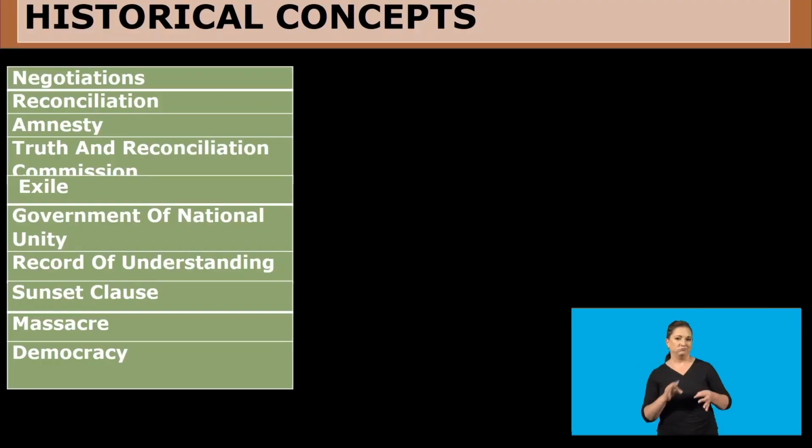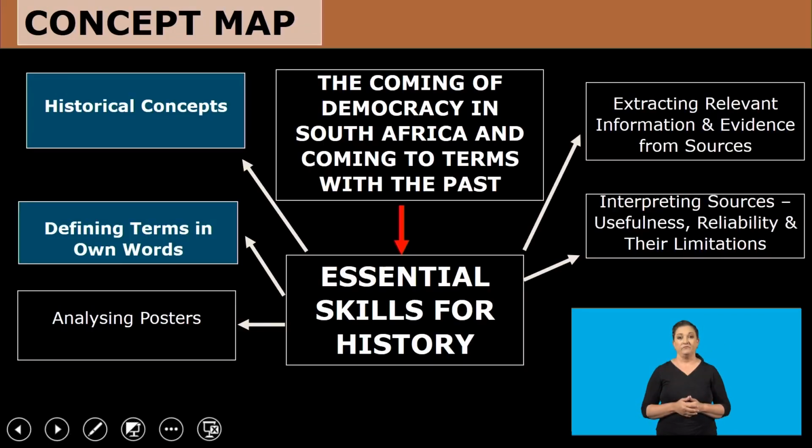So those concepts range from negotiations, reconciliation, amnesty, Truth and Reconciliation Commission, exile, Government of National Unity, Record of Understanding, Sunset Clause, massacre, democracy, and so on. You have to know those and be able to define them in your own words.